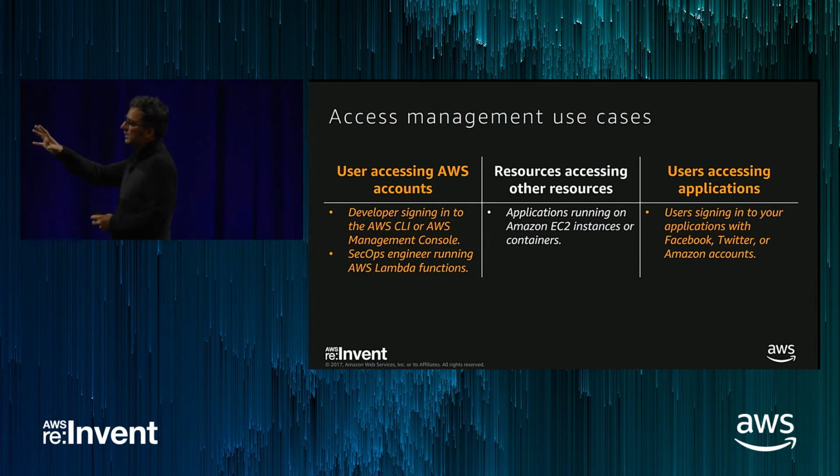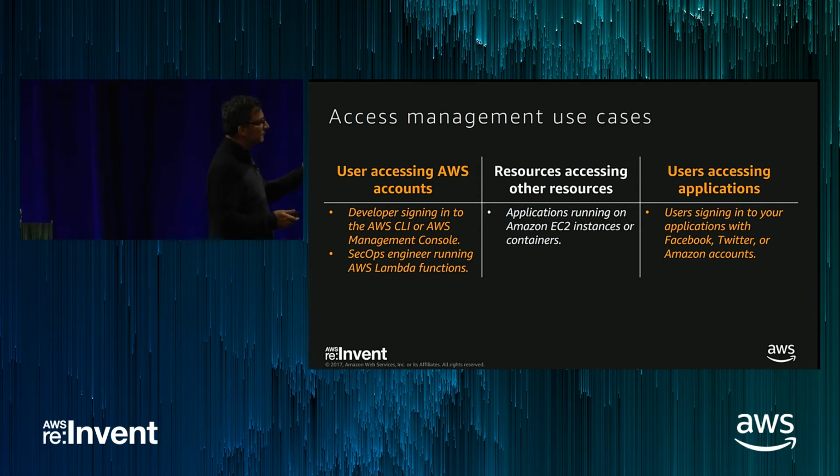So the first one is about how do you protect access to your AWS infrastructure itself, right? That's the first layer: who has access to your AWS accounts and AWS resources like S3 buckets or EC2 instances or DynamoDB tables. And this is typically your developers or IT pros. That's typically the set of users who will have access to manage and create AWS infrastructure.